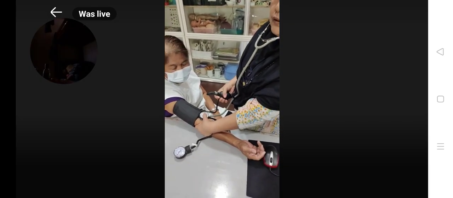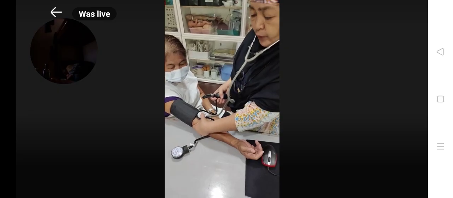So, you are going to pump again, closing the valve and pumping it so that the bladder will inflate and the pointer will go up. I have taken a while ago my brachial pulse as 110, so I will add 30. So 110 plus 30 will be 140.